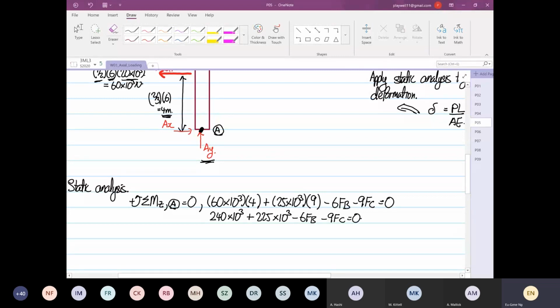The whole thing will be equal to 0. Okay, so you write down 6 FB plus 9 FC, the whole thing will be equal to 465 times 10 to the power 3. So this is your equation number 1.